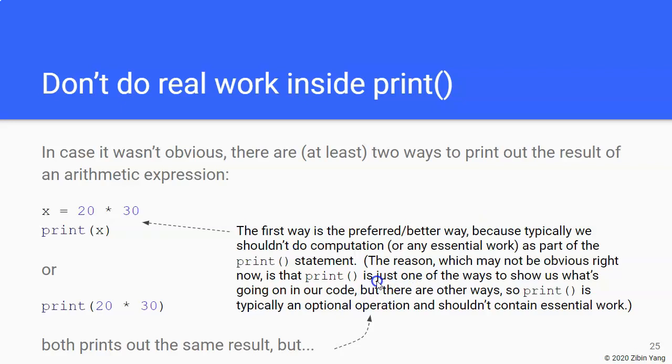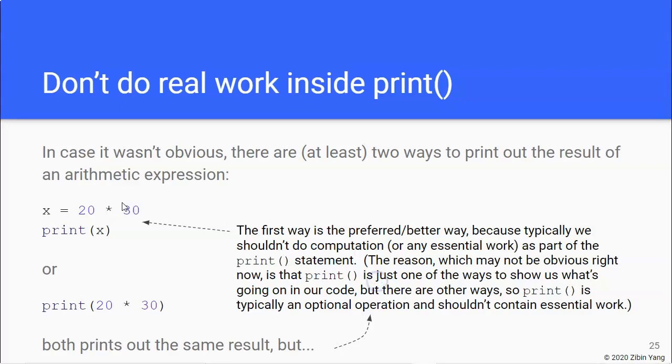So that's why, to see the result, print is not the only way, and therefore you really should not do any actual work in a print statement. And that is why we should do useful work like computing the result of an arithmetic expression, store it in a variable, and then if we have to see what that result is, then we can use print to print out the variable.